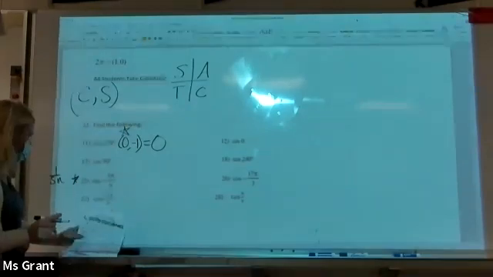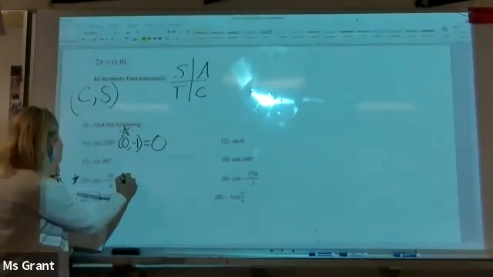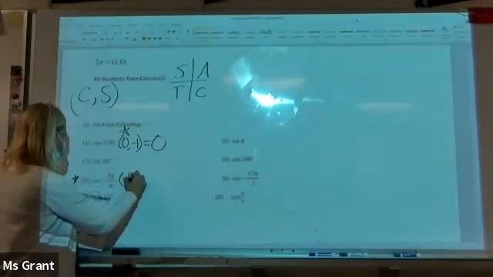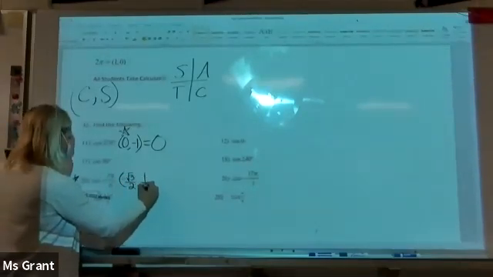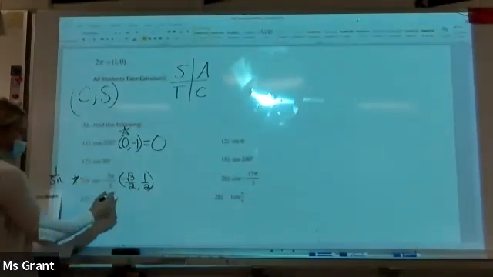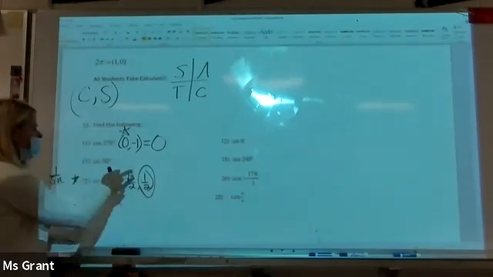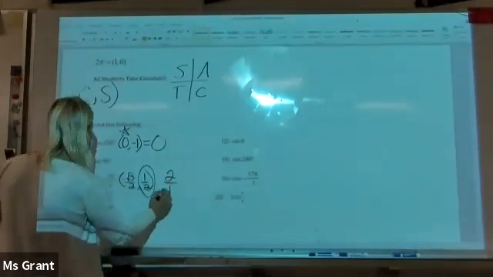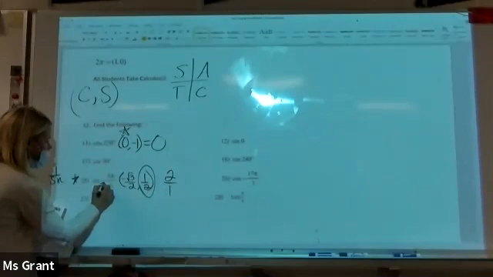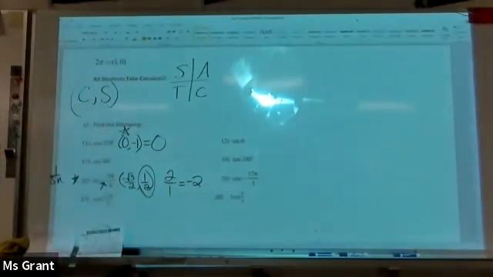So I look and I say, okay, what's sine of 5 pi over 6? The ordered pair is this. Well, sine is 1/2. Cosecant is the reciprocal, but it had a negative. The answer is -2. Okay.